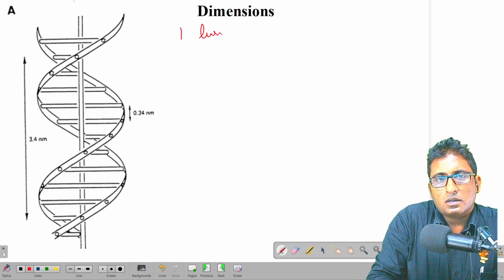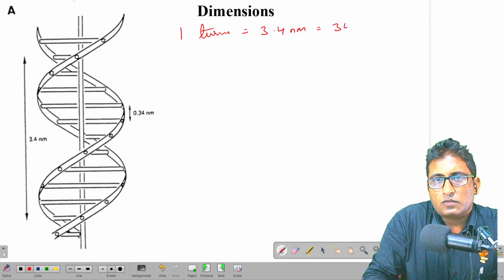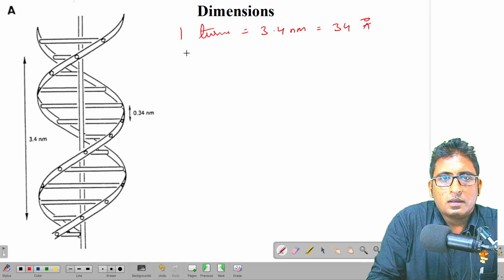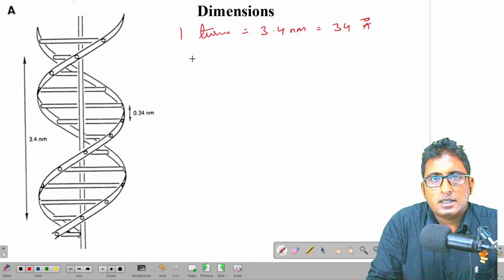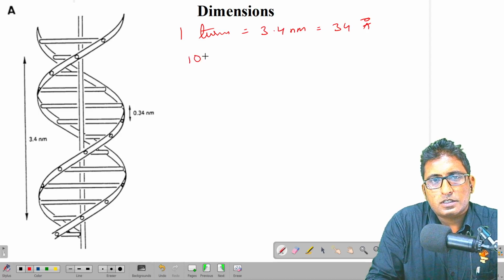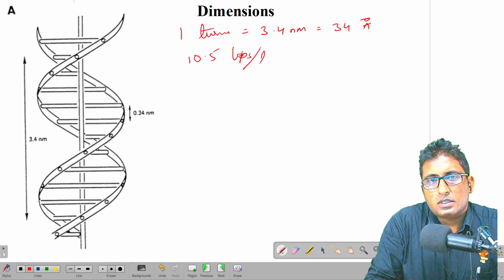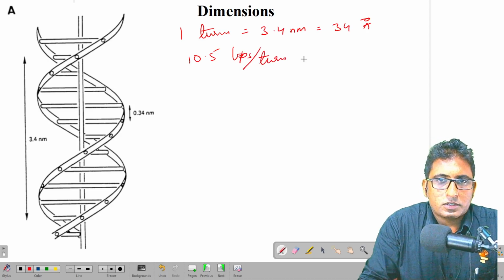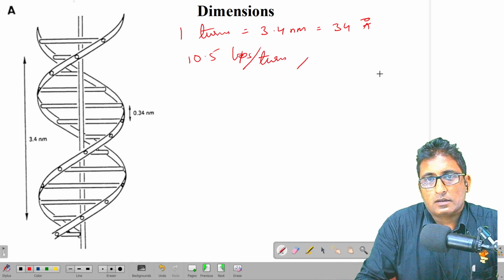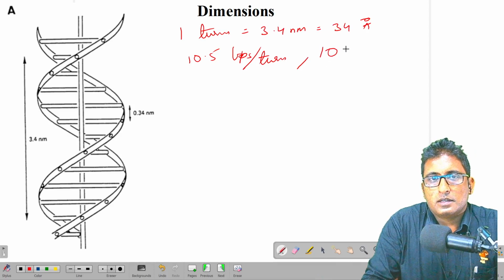One turn is about 3.4 nanometers or 34 angstroms, and the number of bases, as I said, is usually 10.5 base pairs per turn, but for ease of calculations, we use 10 base pairs per turn as well.